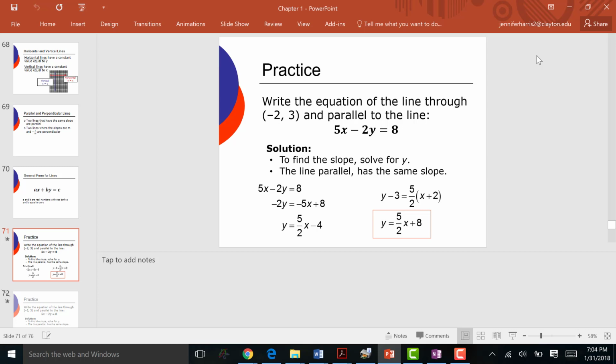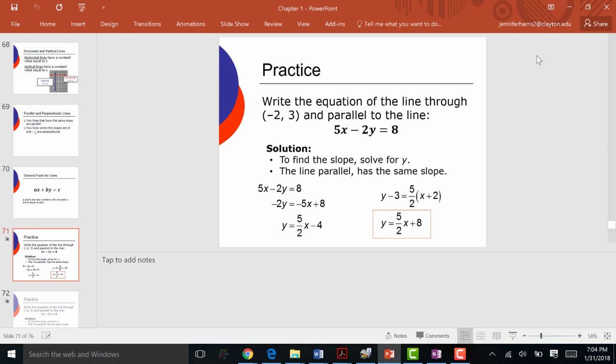Alrighty, so let's do that. I've got 5x minus 2y equals 8. Can I subtract 5x from both sides? Yes, because my goal is to get y by itself. So the 5x minus 5x cancels, and I end up with negative 2y equals, and when you write what's on the right side, always put the term that has the x attached to it first.